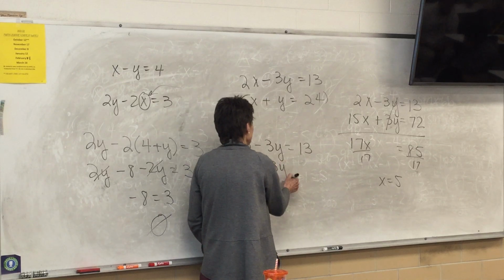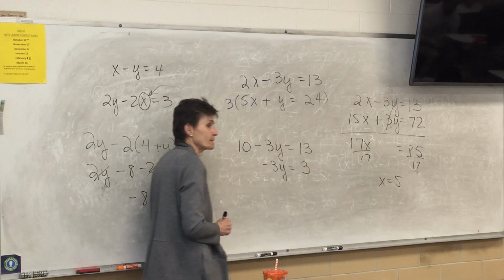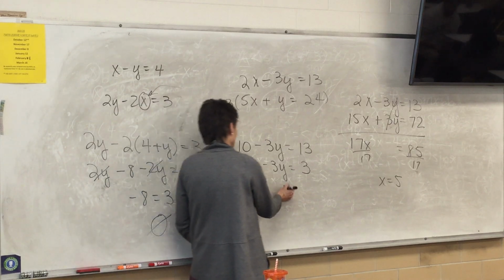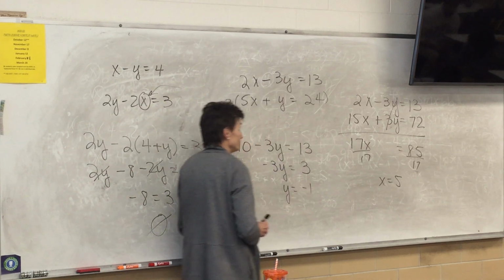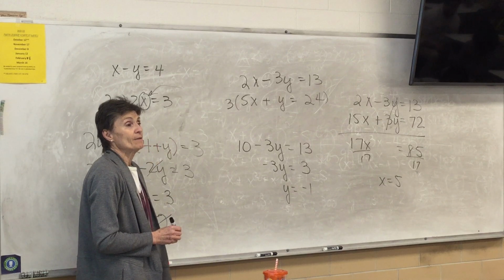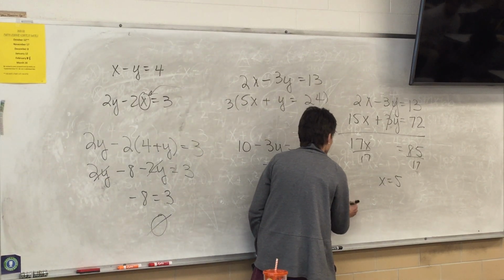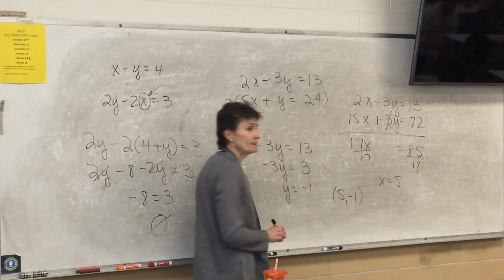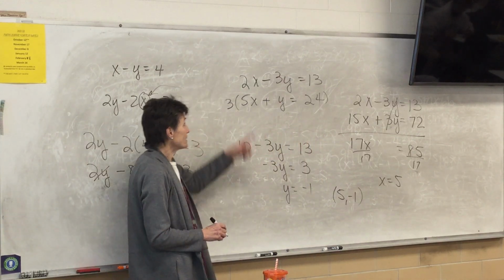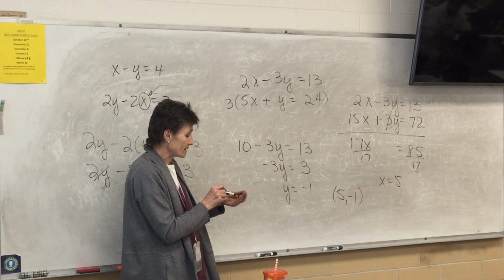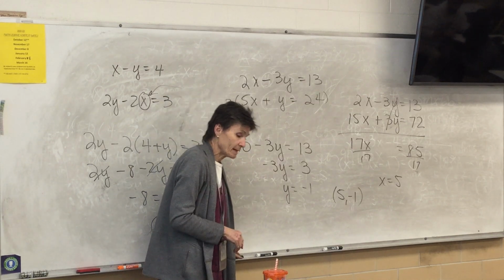Subtracting 10 from both sides and dividing by -3 gives me -1. And then I write my answer as the ordered pair, 5, -1. So these two lines intersect. If you graphed them, they would intersect at the point 5, -1.